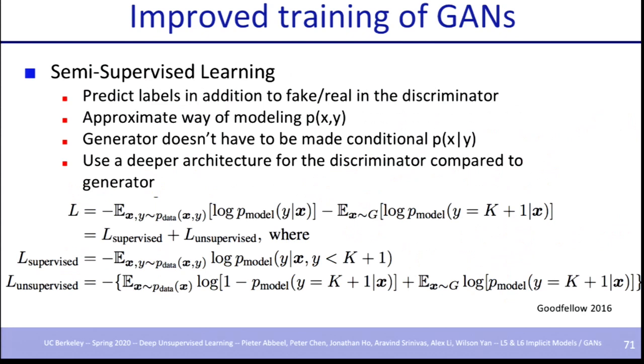Okay. So one final aspect of this Improved Training of GANs paper is it introduced the idea of semi-supervised learning with generative models. Basically, the idea was that if your discriminator is going to take some image and predict real or fake, in addition, you could also predict the category of the image.